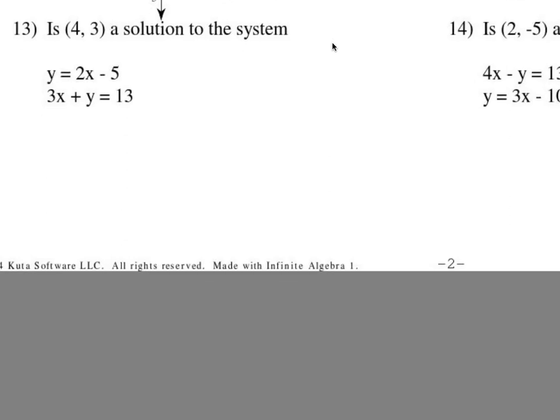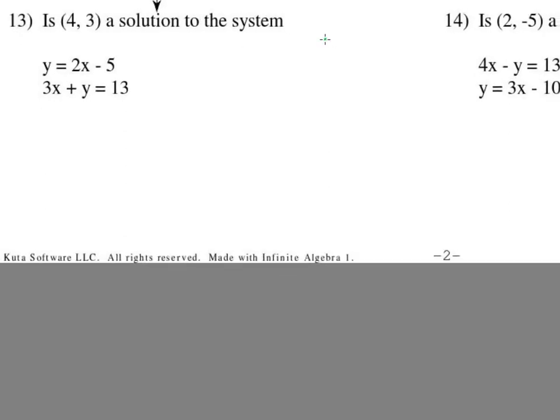These types of questions ask, is (4, 3) a solution to the system? And remember, system means there's more than one equation. System means 2 or more equations.